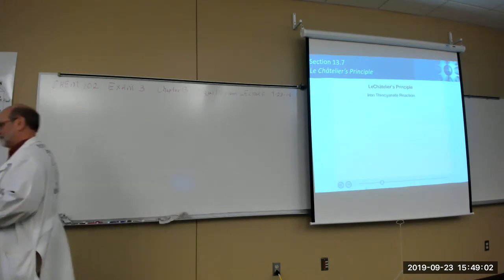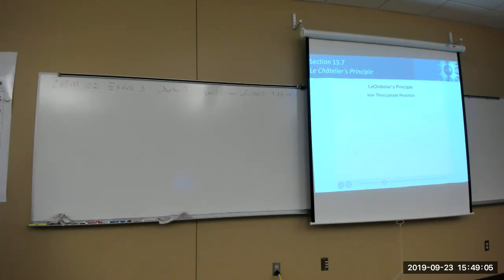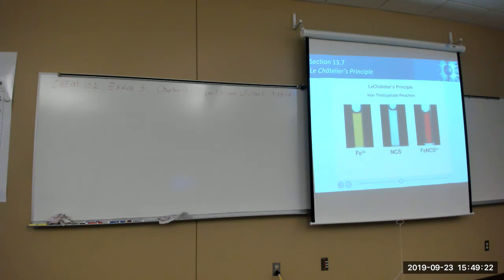Let's consider an example of a system at equilibrium, the reaction between iron and thiocyanate to form iron thiocyanate. Iron 3 is a light-colored ion in neutral or slightly acidic solutions. Thiocyanate is a colorless ion in solution. The iron thiocyanate complex is a blood red ion.